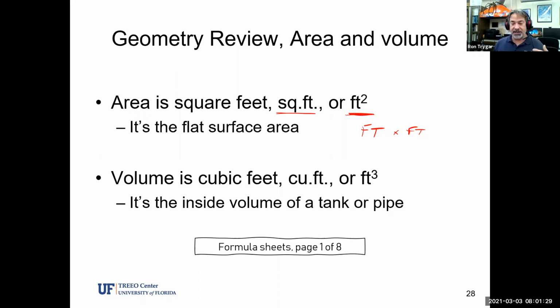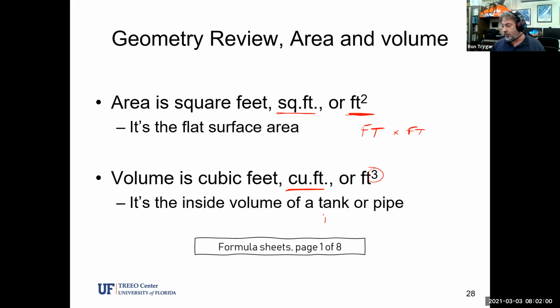Volume is a 3-dimensional shape or view. Think about what's inside, the space inside of something. We generally abbreviate this as cubic feet, or with the exponents involved, feet with a 3 exponent, which means 3 dimensions being multiplied together.